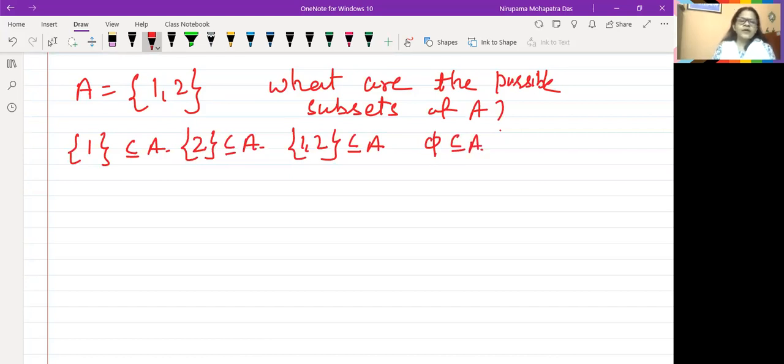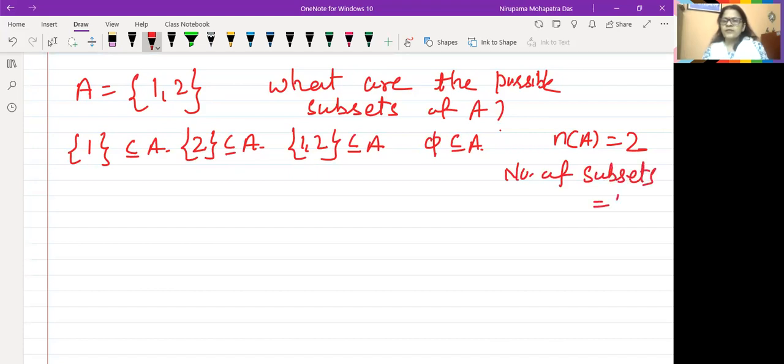So when the number of elements in A is 2, you can see how many subsets are possible: 4, which means 2 squared.